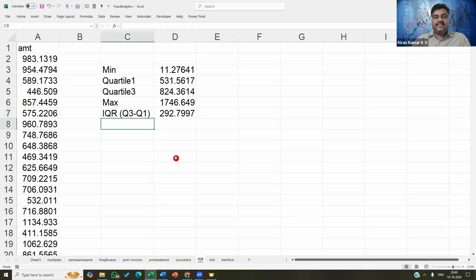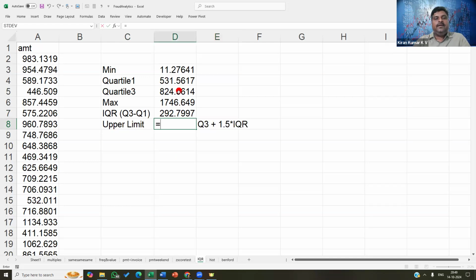Now, using this, we will calculate an upper limit for the data, beyond which any value is an outlier. How do we calculate the upper limit? Whatever is your Q3, the highest value, plus 1.5 times the IQR. That is your upper limit.